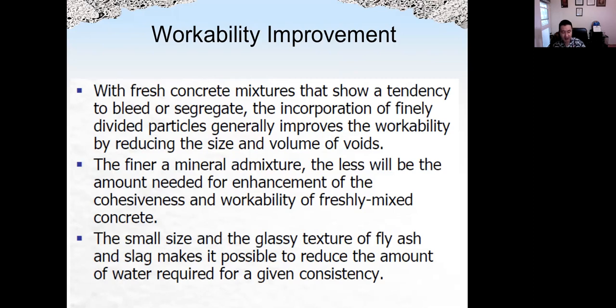The small size and glassy texture of fly ash and slag make it possible to reduce the amount of water required for a given consistency. Consistency means how easily the concrete can flow. So basically fly ash will improve the workability of concrete.